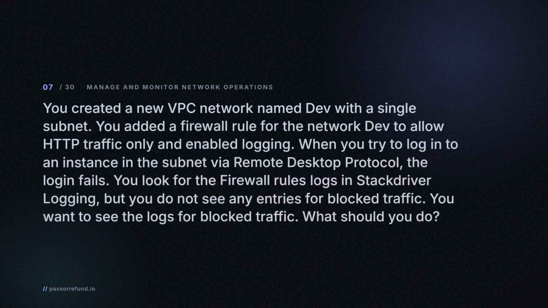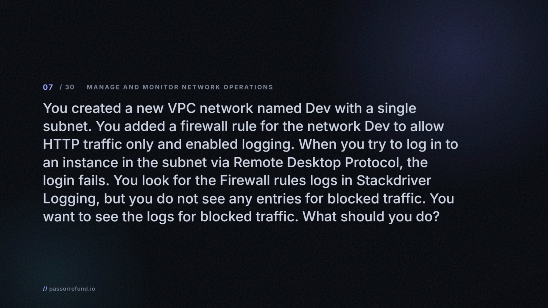You made a new VPC network called Dev, with just one subnet. You also set up a firewall rule for the Dev network to specifically allow only HTTP traffic, and you turned on logging for it. Now, when you try to log into an instance in that subnet using remote desktop protocol, it doesn't work. You check the firewall rules logs in Stackdriver logging, but you don't find any entries for traffic that was blocked.